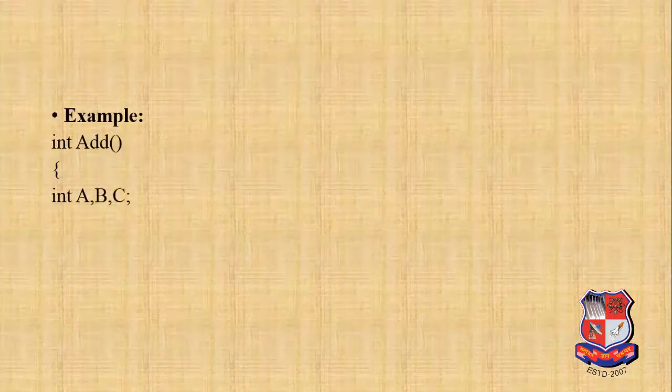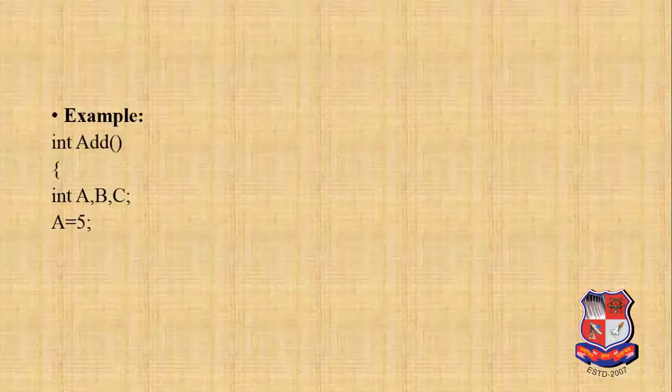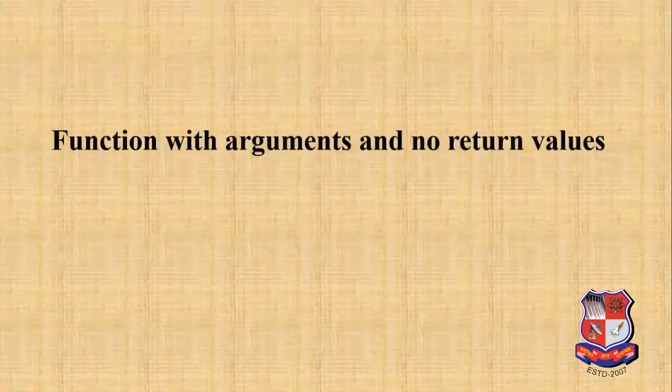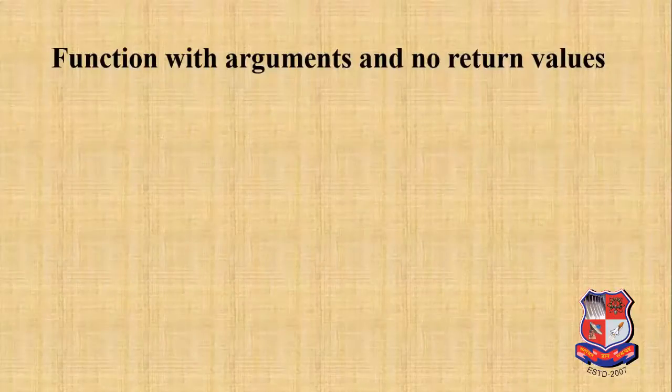I am taking 3 variables a, b and c which are integers. a is equal to 5 and b's value is 10. If I add a and b and store it into c, I will return the value as c, writing return keyword and c variable.